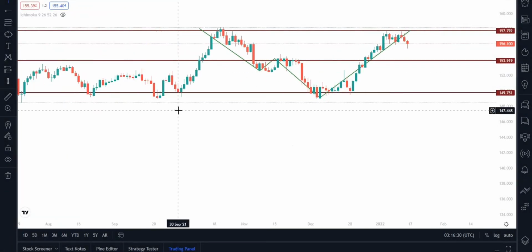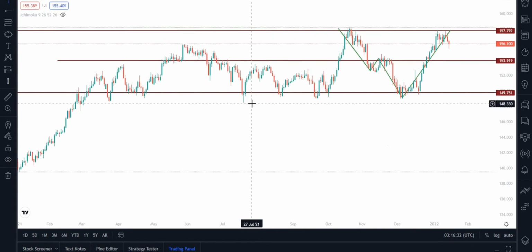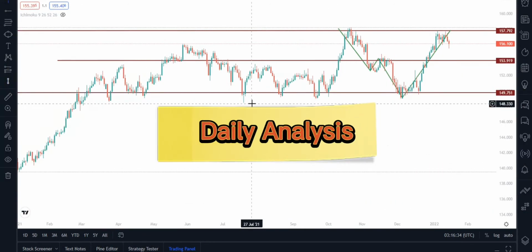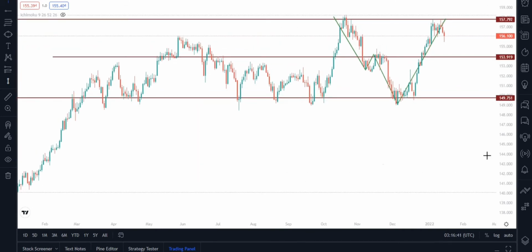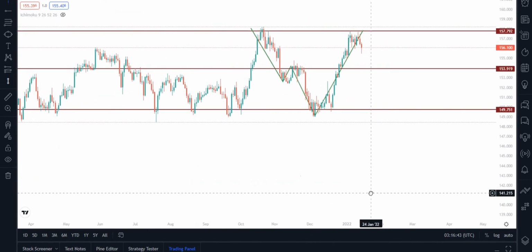When we come to the daily time frame, here we are interested in two things. The first one is our Fibonacci level, and the second one is our structure level, and we will then combine these two to determine the level that we are most interested in.